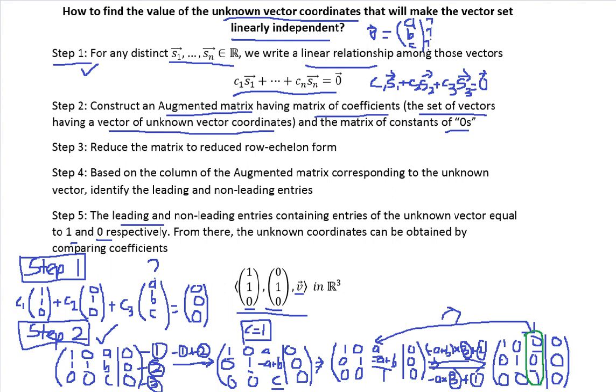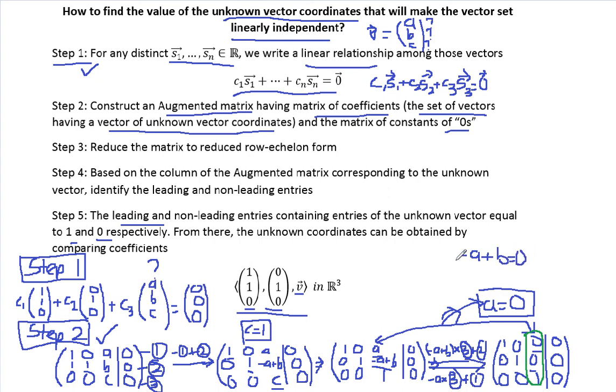Hence from here we can see that a equals to 0. For here we can also see that minus a plus b equals to 0.